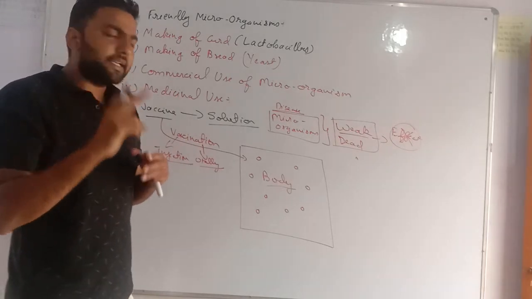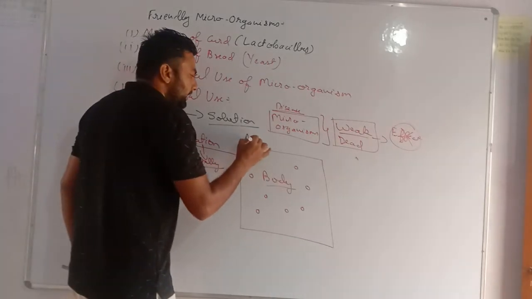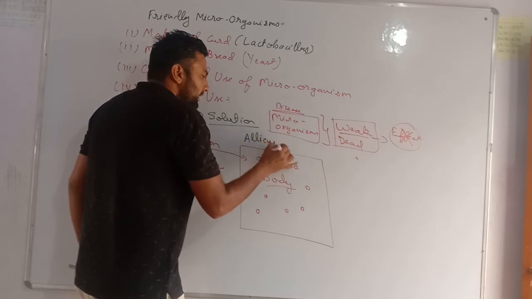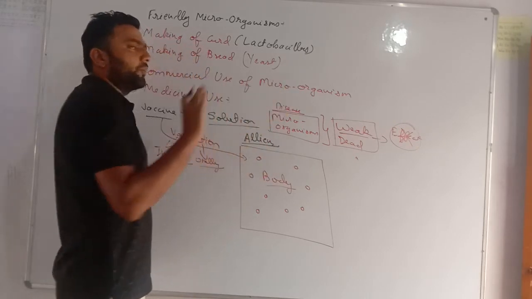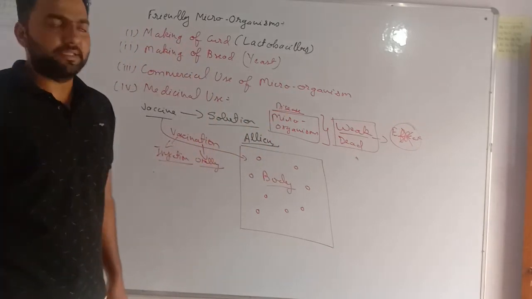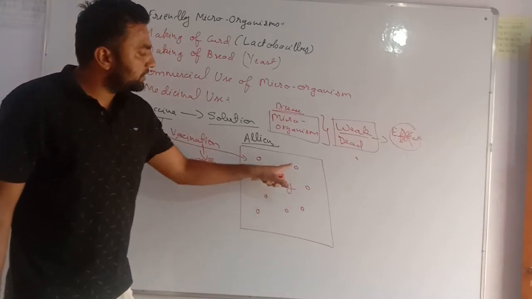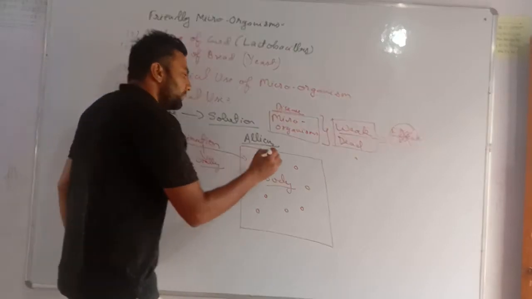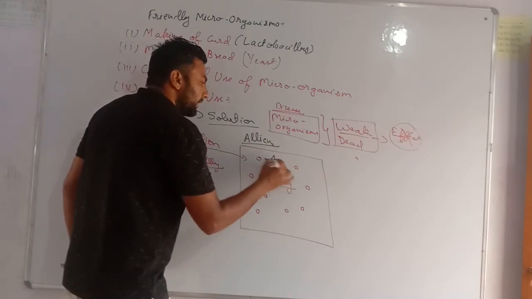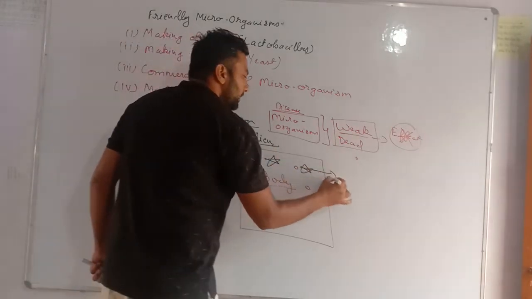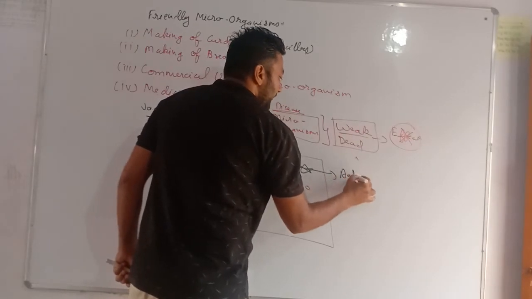It always generates antibodies for alien material, anything out of our body which my body does not recognize. So when these disease causing microorganisms come into my body, it starts generating antibodies.